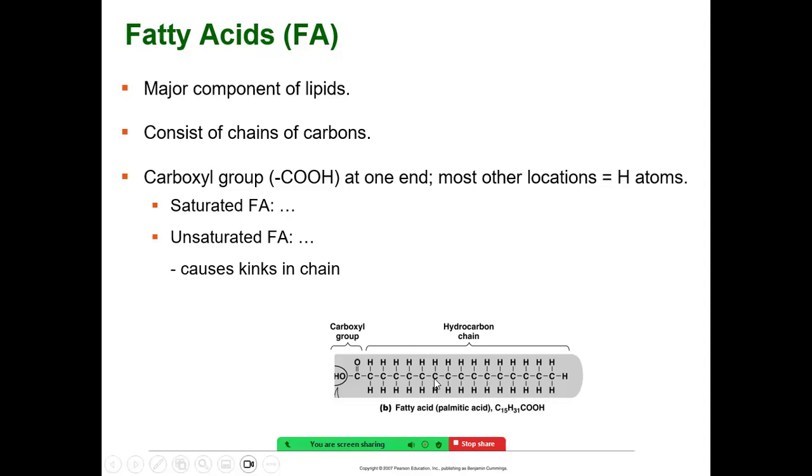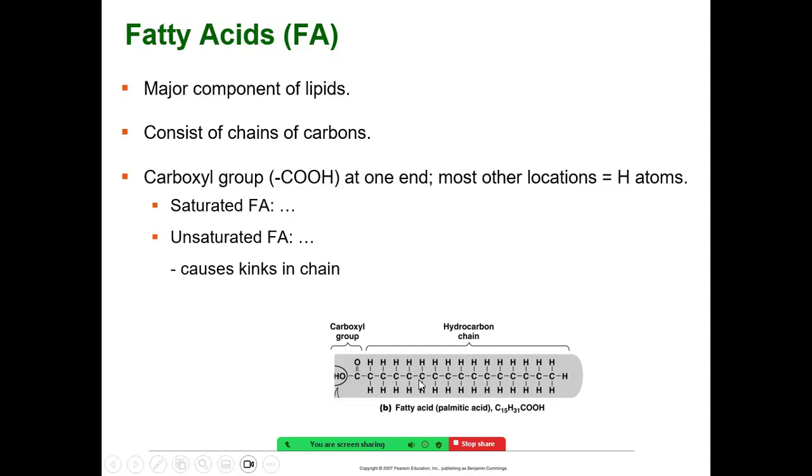And if it has only single covalent bonds linking the carbons together, it's a saturated fatty acid. So this fatty acid is a saturated fatty acid. An unsaturated fatty acid has at least one double carbon bond linking two carbons together. And that we call an unsaturated fatty acid.